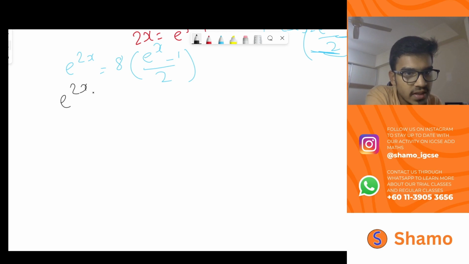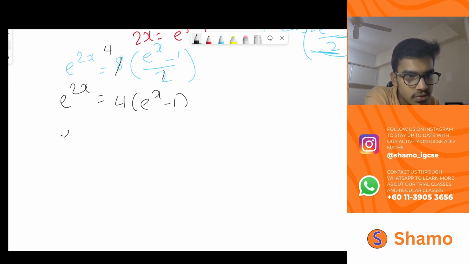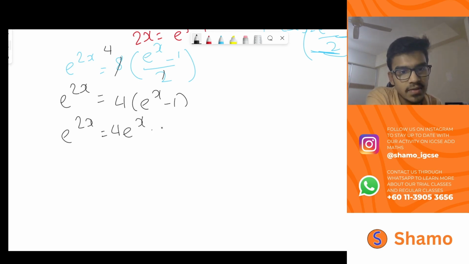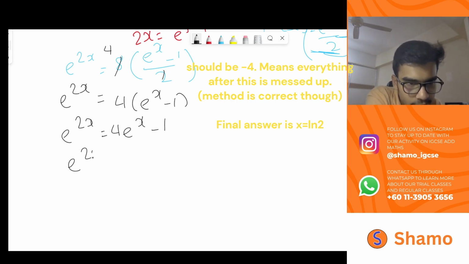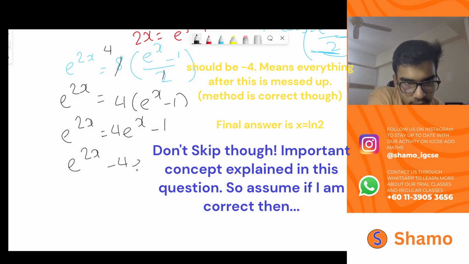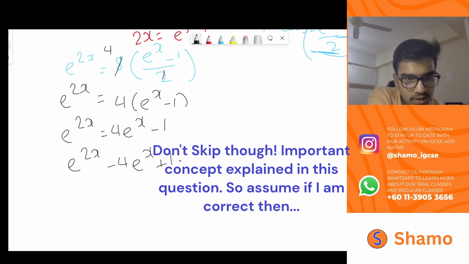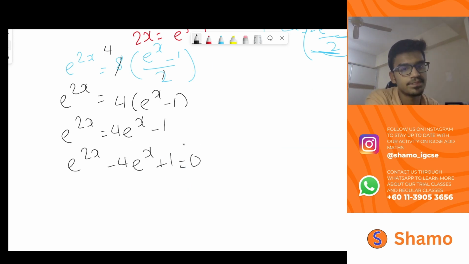So e to the power 2x, I'll just write this as 4, because 8 divided by 2 is 4. So 4 times (e to the power x minus 1). So e to the power 2x is equal to 4 e to the power x minus 1. So e to the power 2x minus 4 e to the power x plus 1 is equal to 0. Everyone following so far?